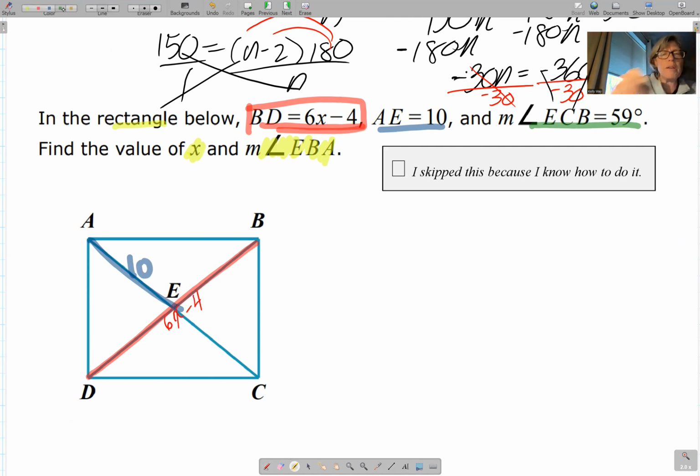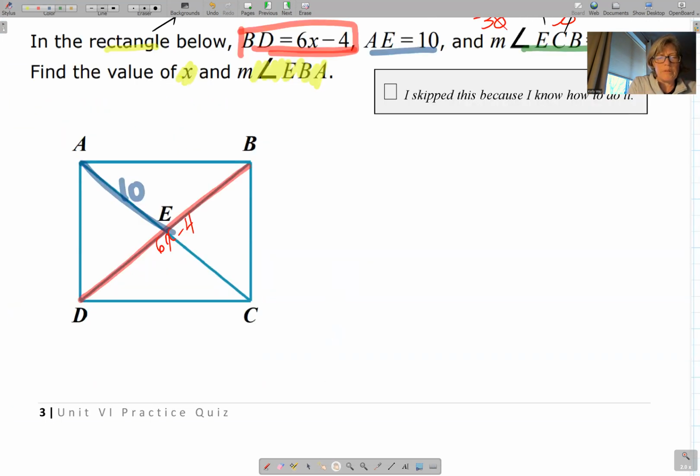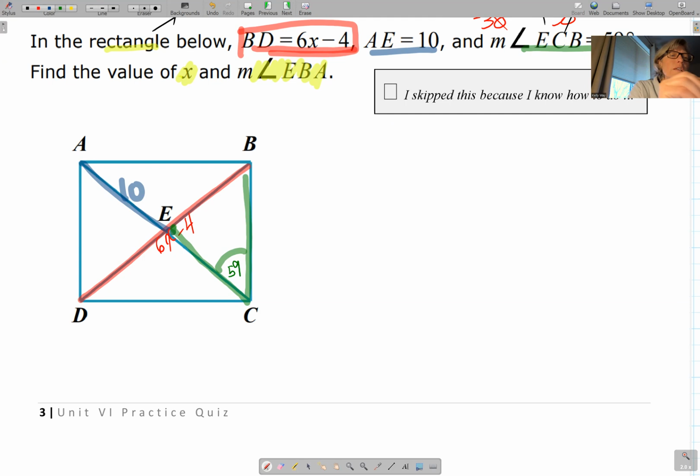And ECB, make sure you trace that very carefully. ECB, right there, is 59. Okay, we're going to go for the angles first because they are the easiest, in my opinion.